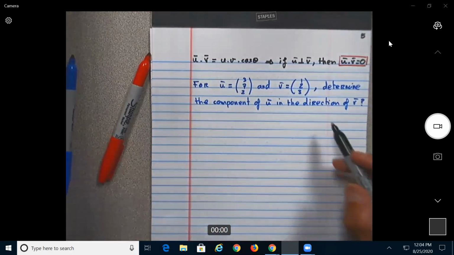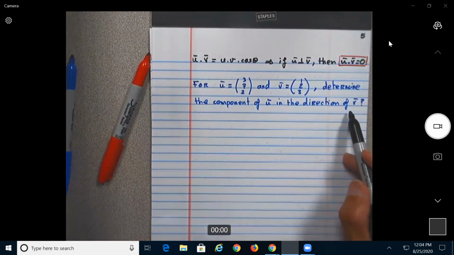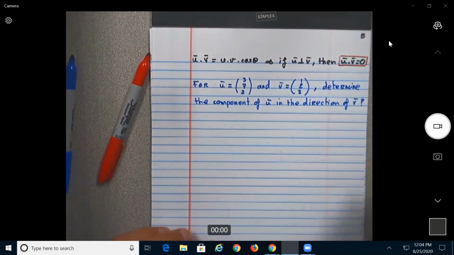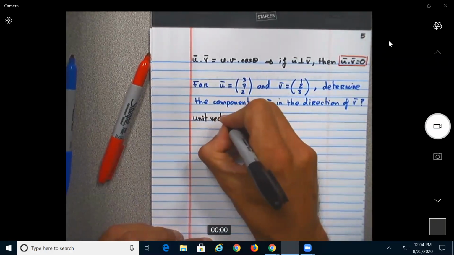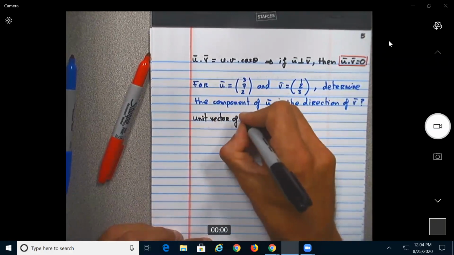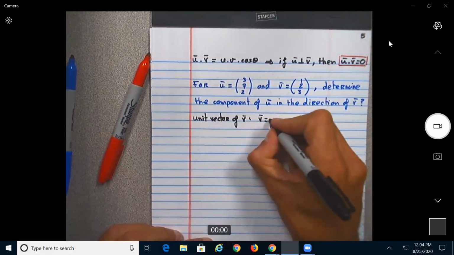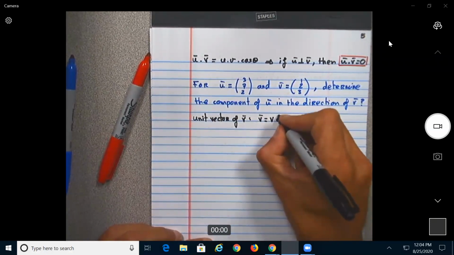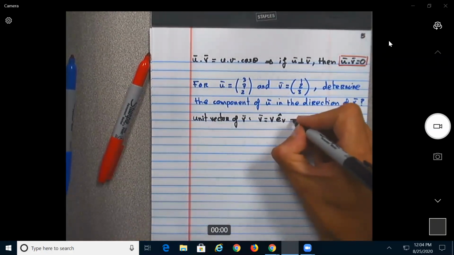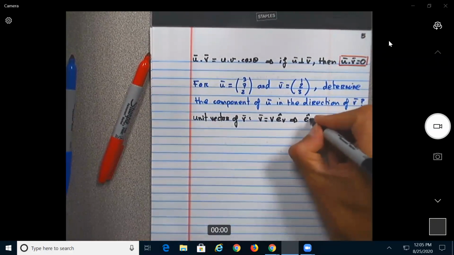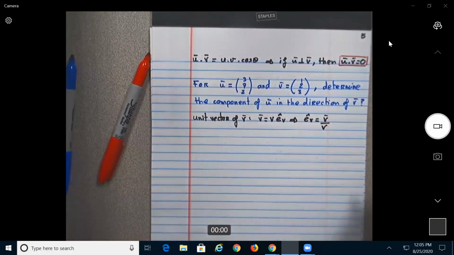If we want to find the component in the direction of V, what is the first thing we need to find? We need to find the unit vector of V. By definition, V is equal to the magnitude of V times a unit vector, let's say EV. So what is the unit vector equal to? It is equal to the vector divided by its magnitude.